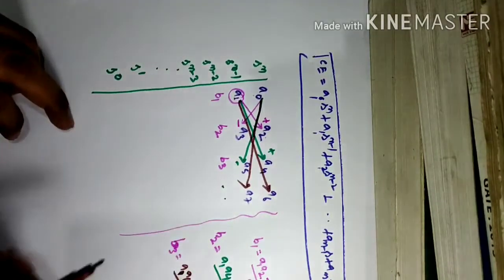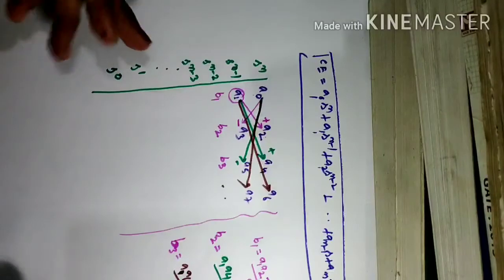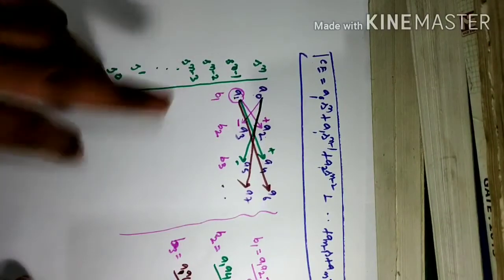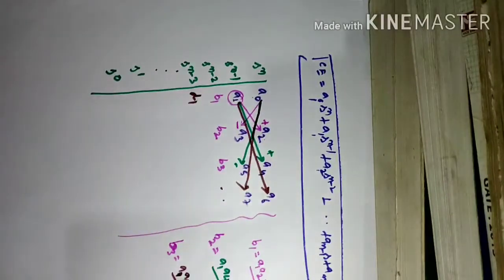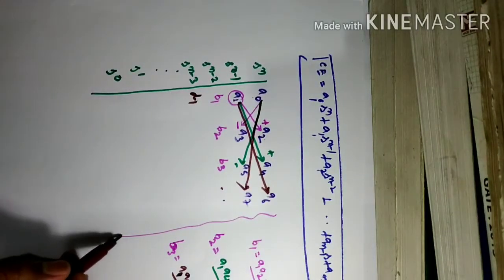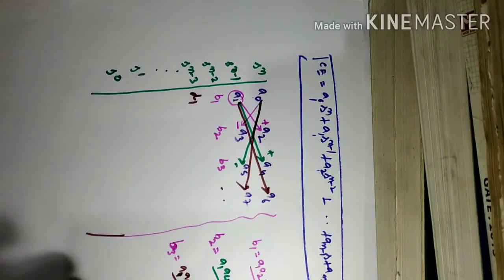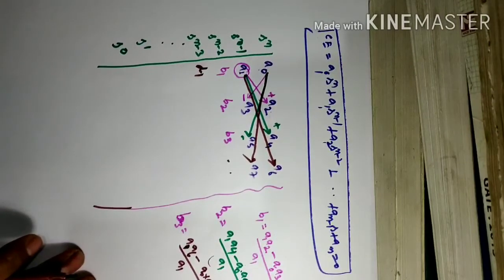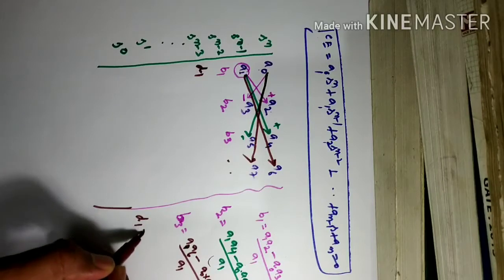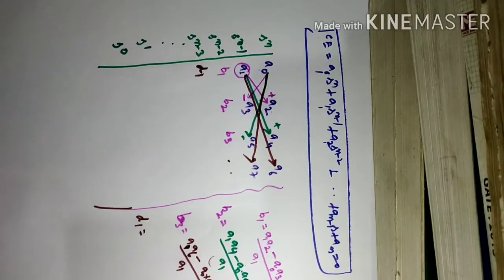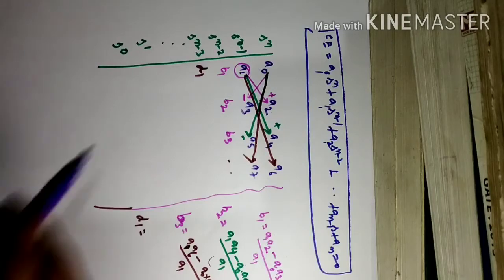Then if you want the s power n minus 3 coefficients, I am going to call the first one D1. So what is D1?